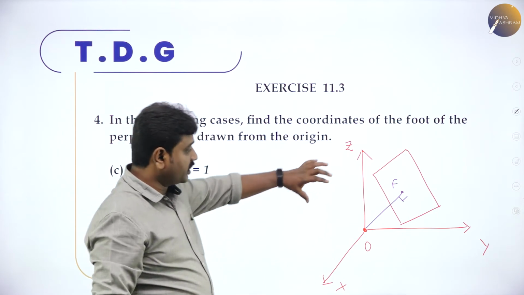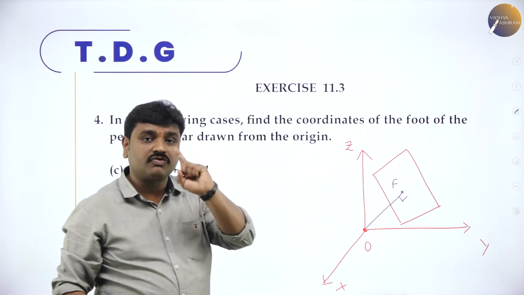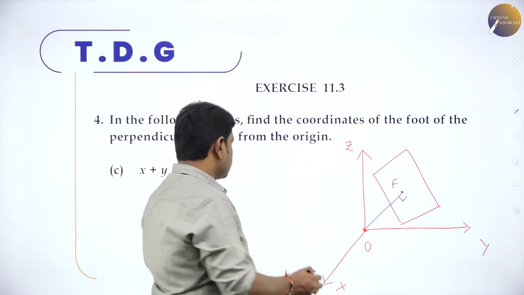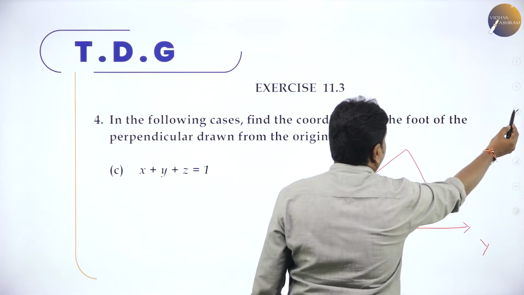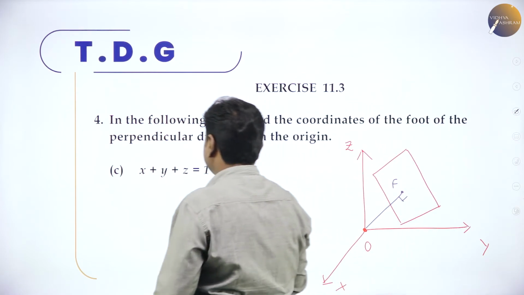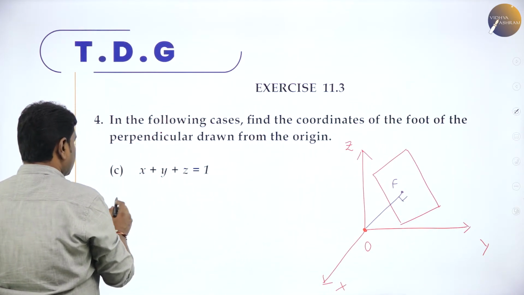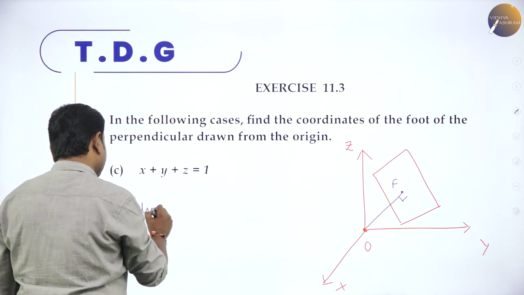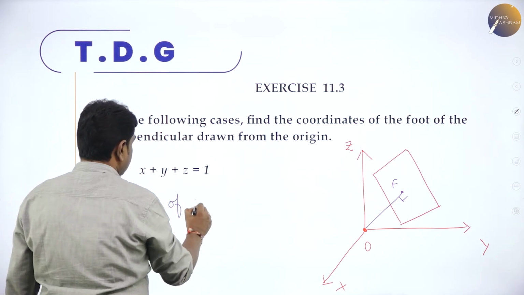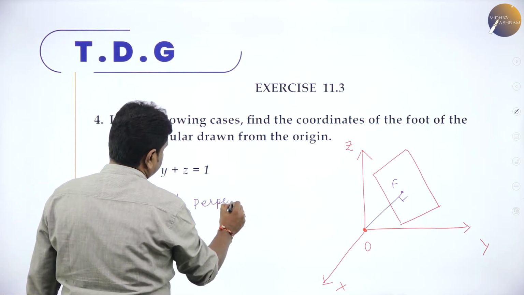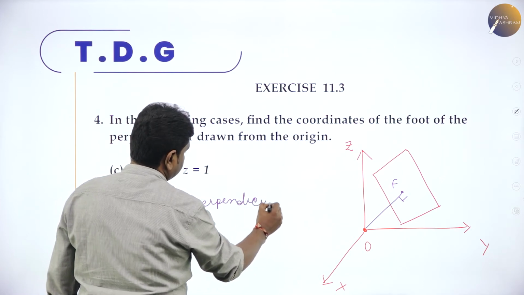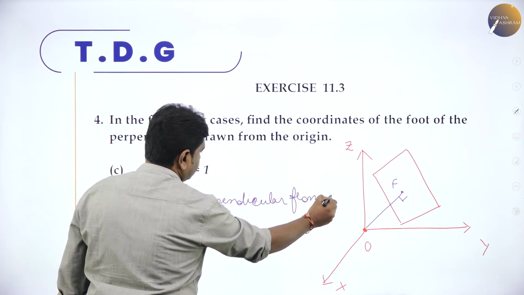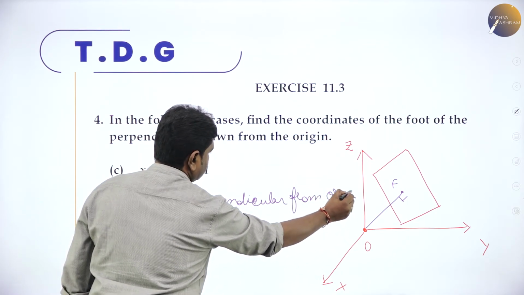First our task is to get the equation of the perpendicular, called the equation of OF. OF is a perpendicular. Perpendicular is also a line segment. So first we will create the equation of the perpendicular from the origin.